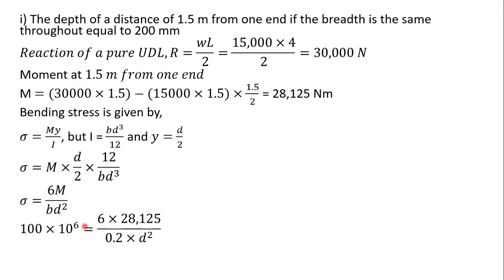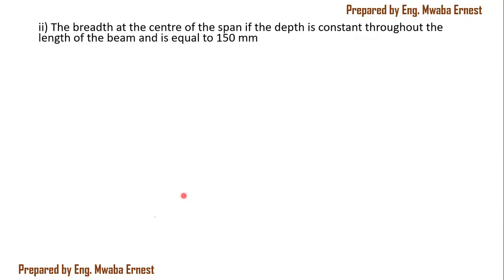So we make it the subject of the formula. Okay, so with that, we end up with our diameter as 0.092 meters. Okay, so let's proceed then.